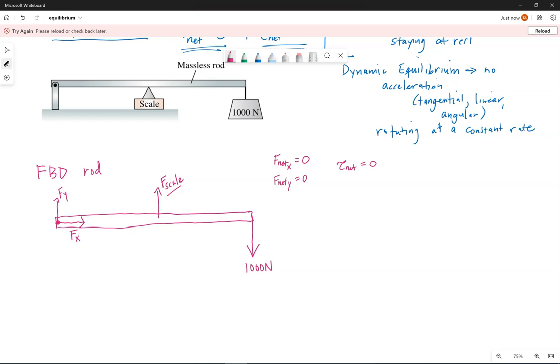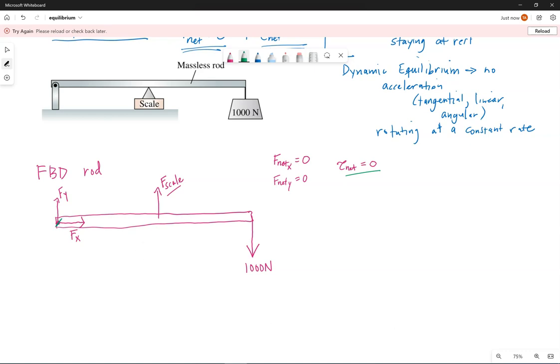From experience, I have learned that some problems can be solved by writing out the net torque equation. So let's start with that one. The net torque on this rod as a whole must be 0. Now we can put our rotation axis wherever we want.